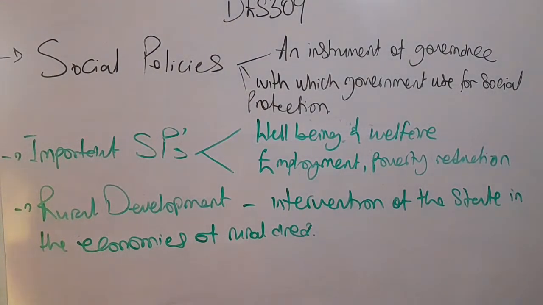Now, let's take a step further. There are some objectives that we have here. Some of the objectives of developing rural areas: improvement of economic capacities and improving human capacities.